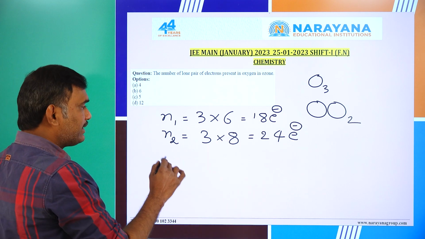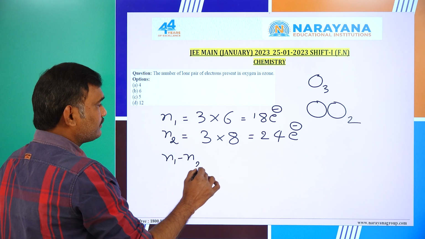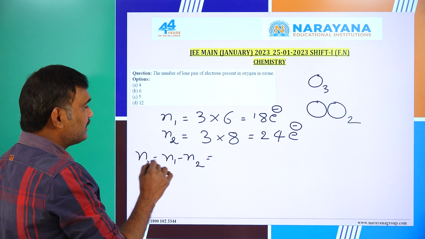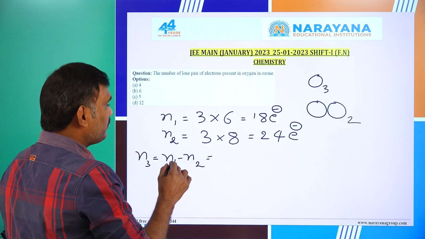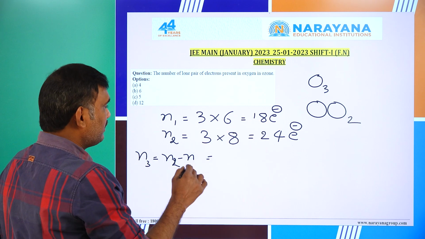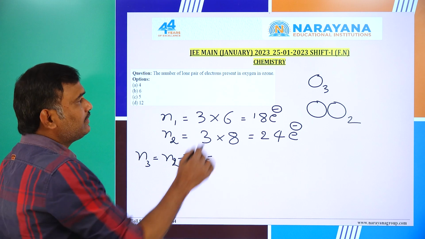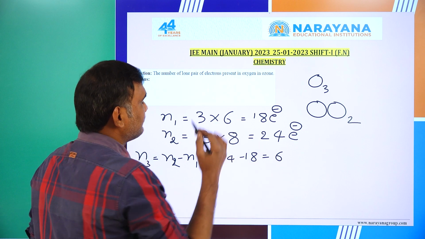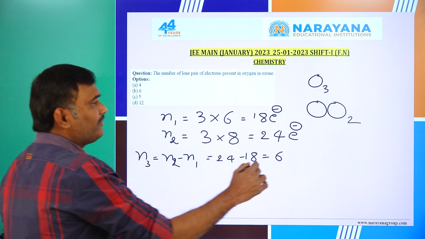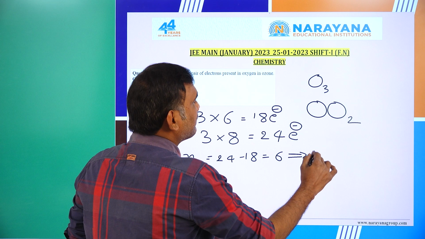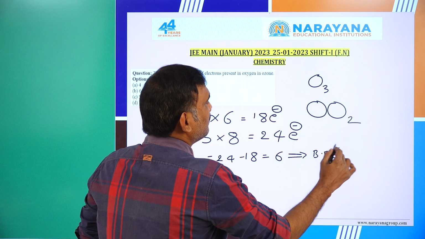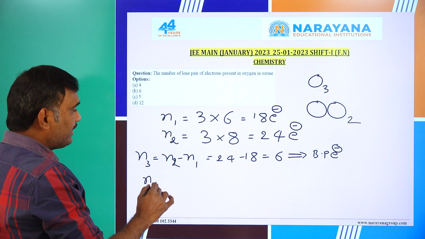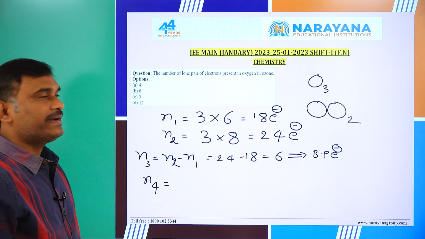Now you take N2 minus N1, that is N3. That is 24 minus 18, that is 6. That N3 indicates the bond pair electrons. These are the bond pair electrons. Now go for N4. What is meant by N4?